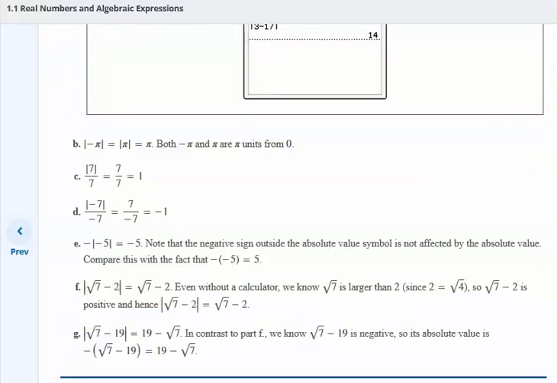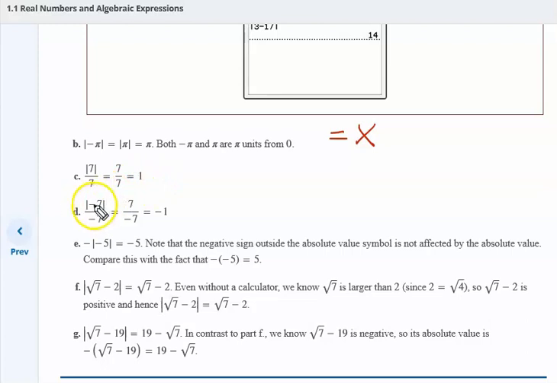And there is a protocol to follow here. So the absolute value of a negative x is equal to the absolute value of x. And again, it's always its positive value. Now, the absolute value of 7 is 7. 7 divided by 7 is 1.